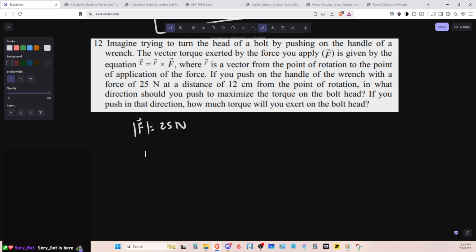The distance from the point of rotation, that's 12 centimeters, so I guess we'll just write D. The distance is 12 centimeters from the point of rotation.